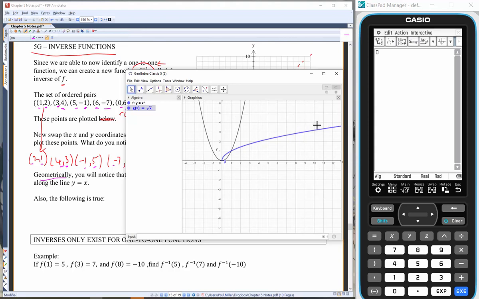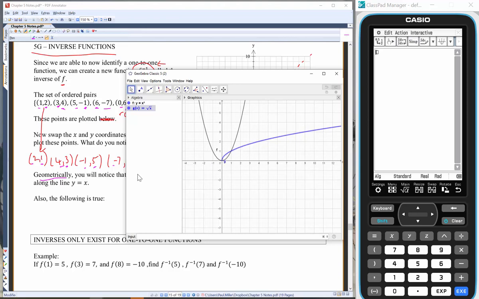Notice how it doesn't swap everything. What it basically says is, to produce g of x, which is a function, I can't include this bottom part here. So it only takes this part of the original, i.e. it makes it one-to-one by removing this part so that it will produce that in return. That's why it has to be a one-to-one function.